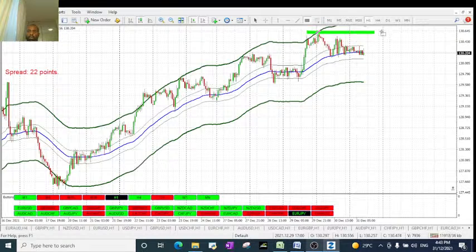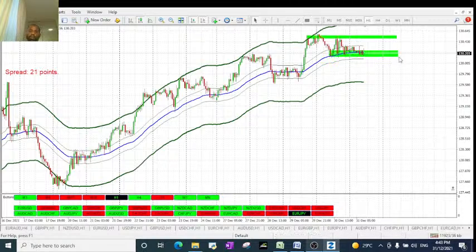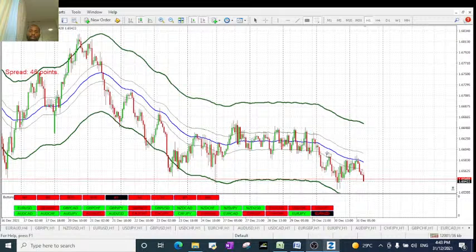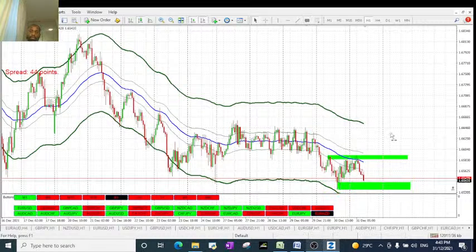Euro yen, have the zone, have this area. Euro New Zealand. Okay, now we've marked out everything.